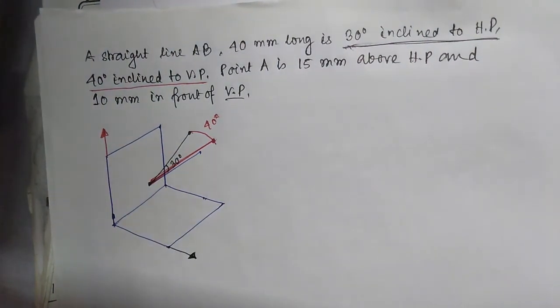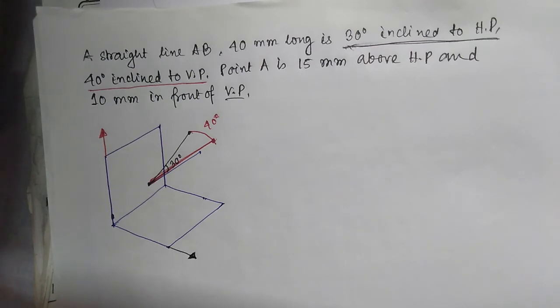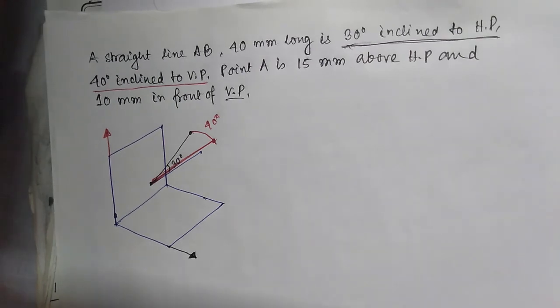Now we need to understand that it is inclined to both the planes. So in both the planes we have the apparent length of it. So methodically how we can progress?